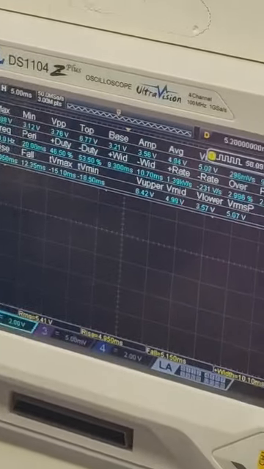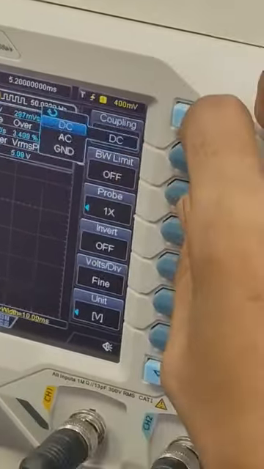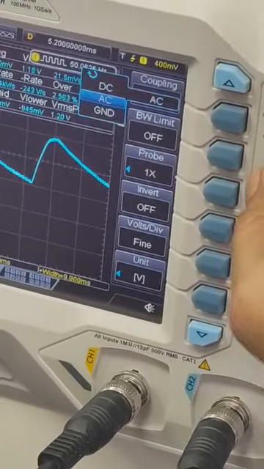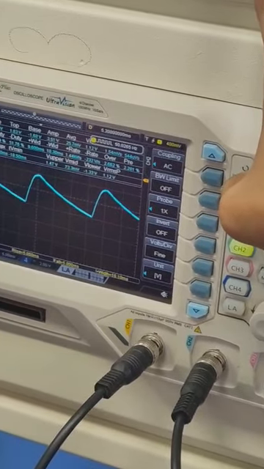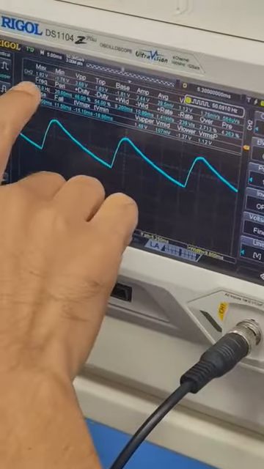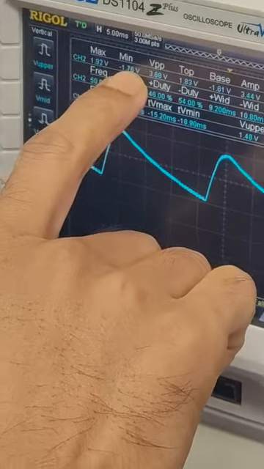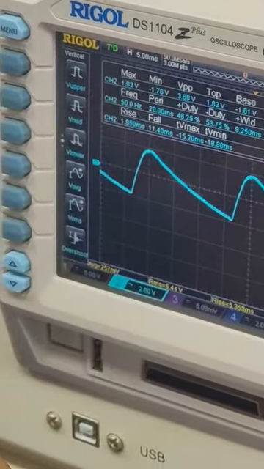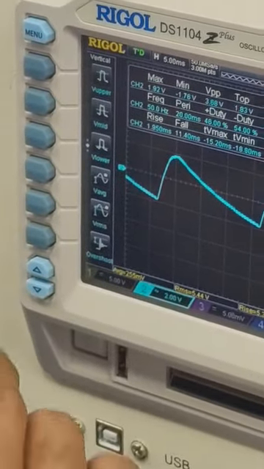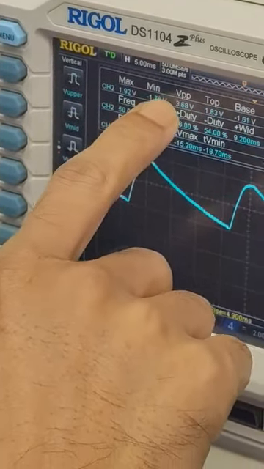So once again we select channel 2 and then change the coupling to DC. So this is to measure the VRMS. To measure the VRMS, you add these two. You find the average of these two.